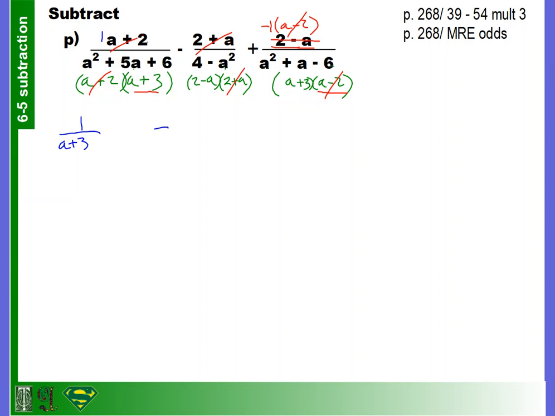Well, this factored out to 1, and we have that over 2 minus a. I'm going to leave a space, and then we have a plus, and so over here we have -1 over a plus 3. All right, so the question will become, what is my least common denominator?